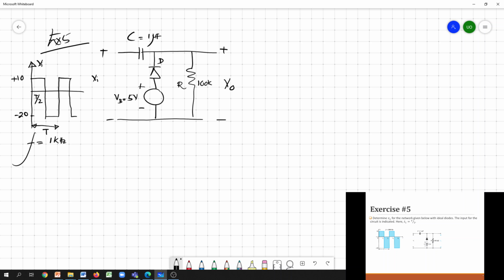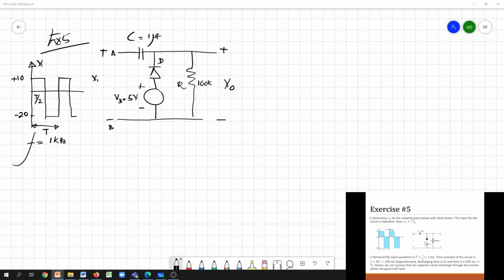Your input is applied across these A and B terminals, and the output is measured across the 100k resistor. So we will see how we can get the output.